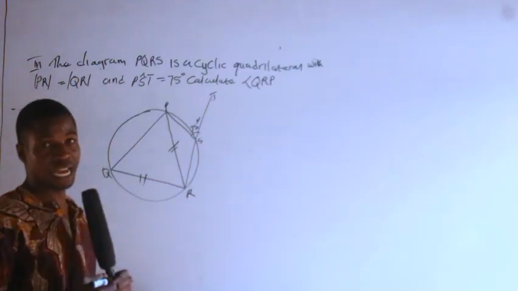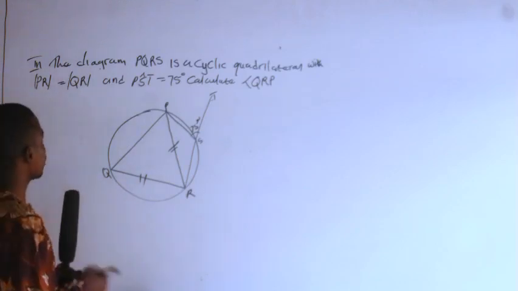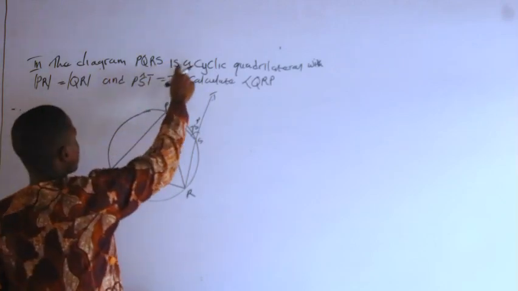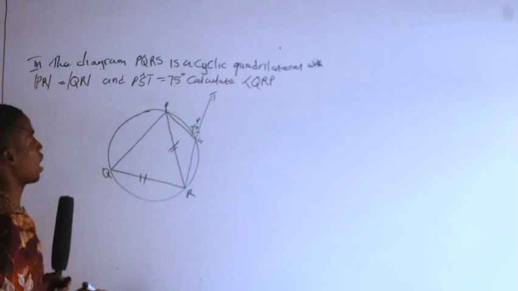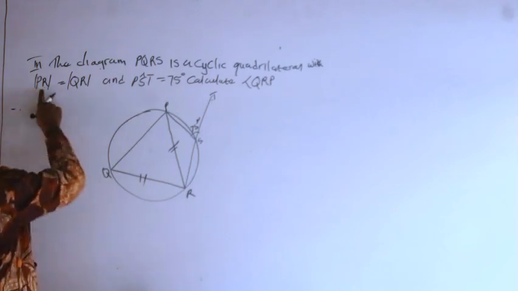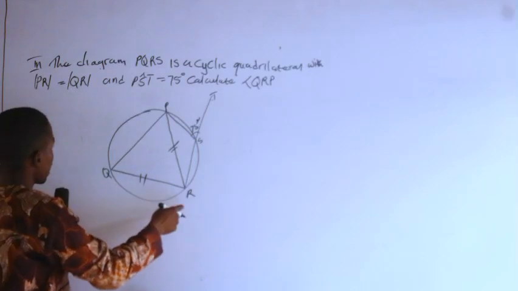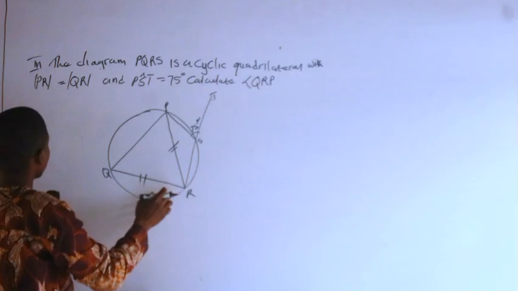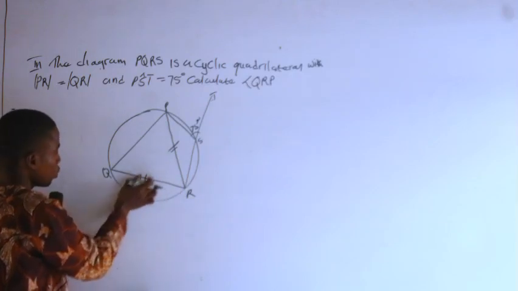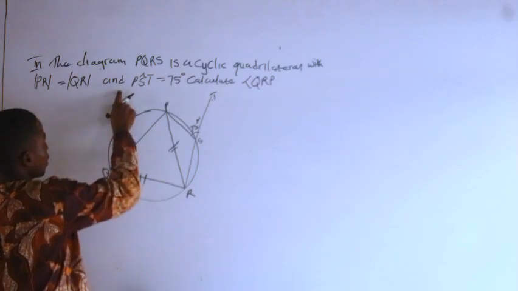Look at another one. In the diagram, PQRS is a cyclic quadrilateral with PR equal to QR. PR is the same thing as QR, that's why you see the same symbol.